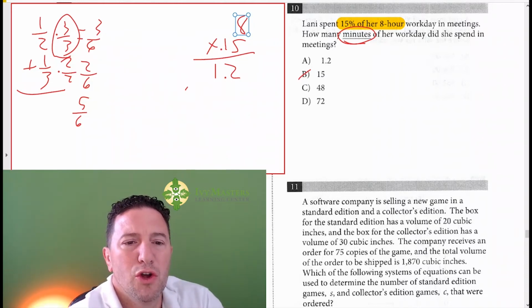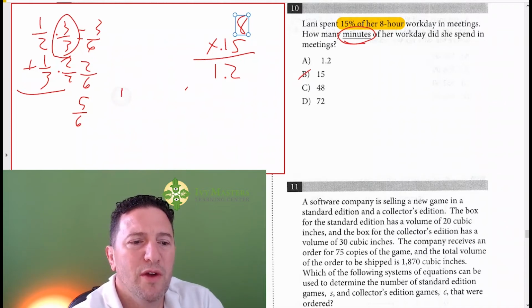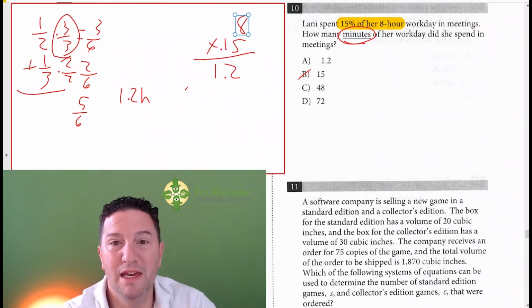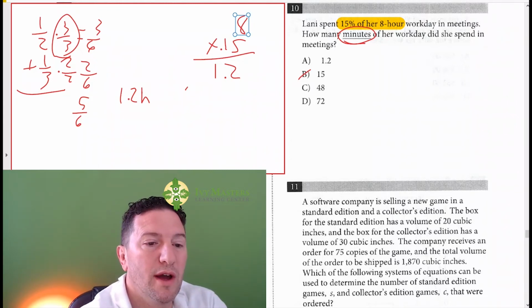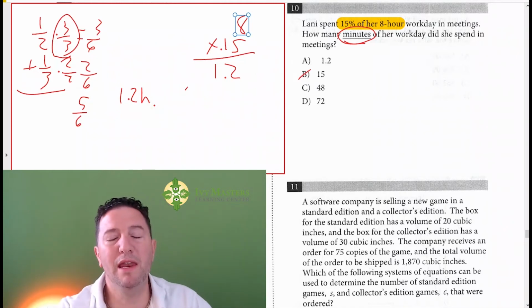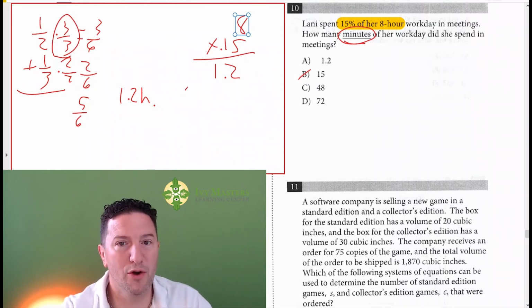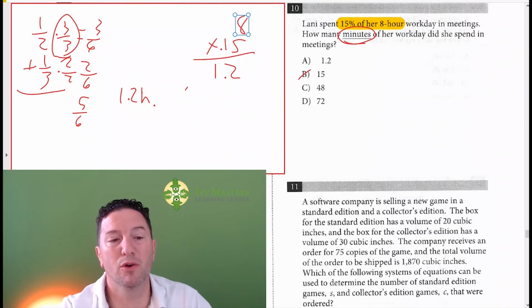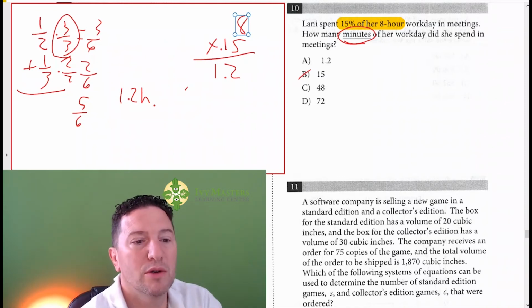So my point here is, if we've got 1.2, I'm going to put an H for hours, and we've got to convert to minutes. Well, 1 hour equals 60 minutes. So I can multiply. Now, depending on what you need to convert, you can multiply by 60 minutes over 1 hour or 1 hour over 60 minutes. Here I've got hours on top.